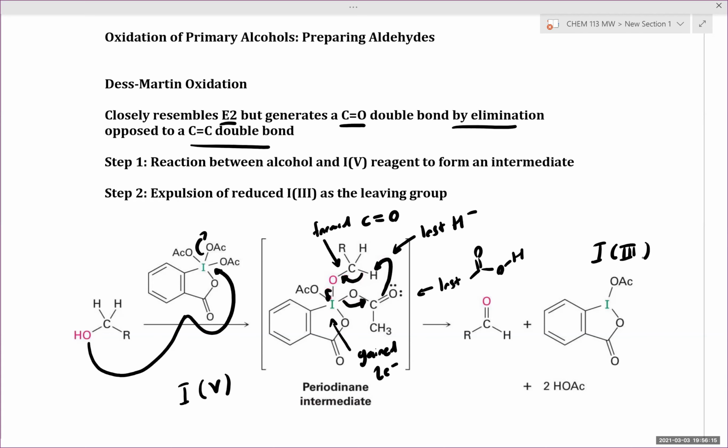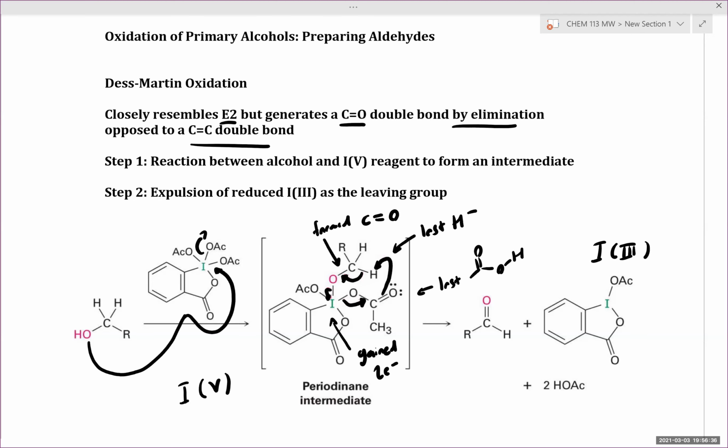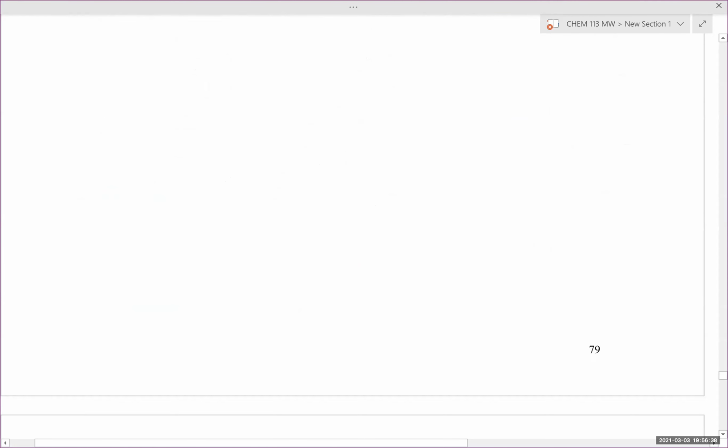Any questions on the mechanism for Dess-Martin periodinane oxidation? If not, let's look at some other reactions and their mechanisms.